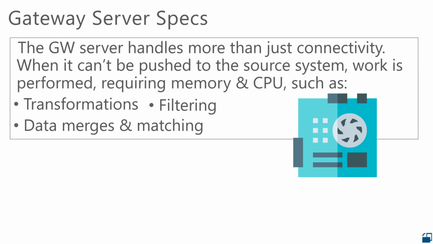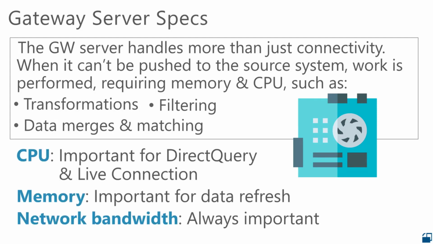So filtering or data merges or whatever, your data privacy settings can also have an impact on how much work can get pushed down versus being done on the gateway server. And so rule of thumb is that CPU is important for direct query and live connection. Memory is always way, way, way important for data refresh. And then of course, networking is always important.